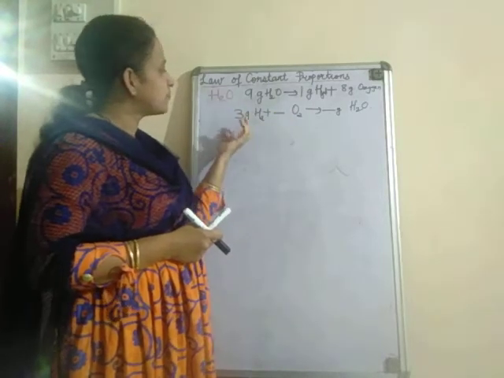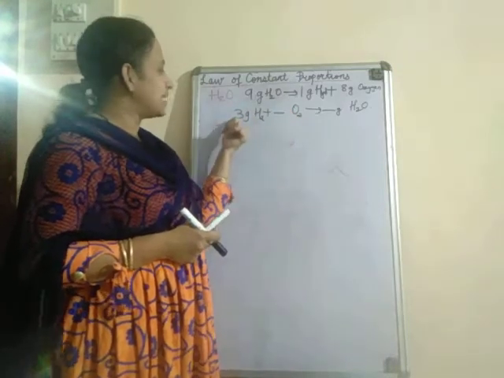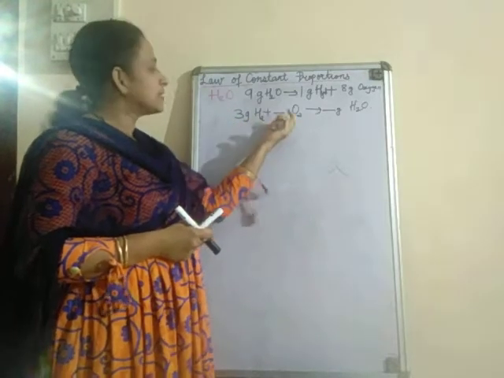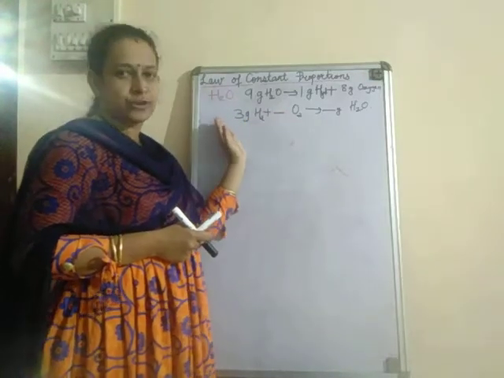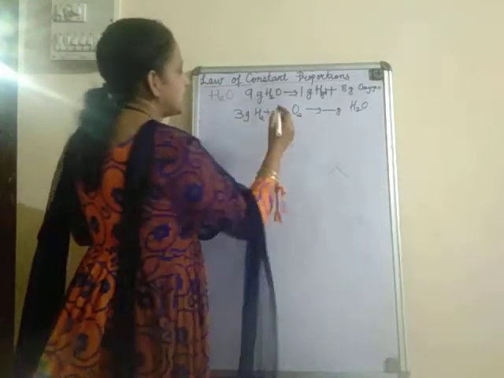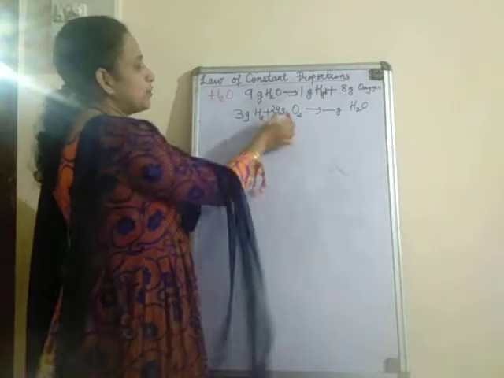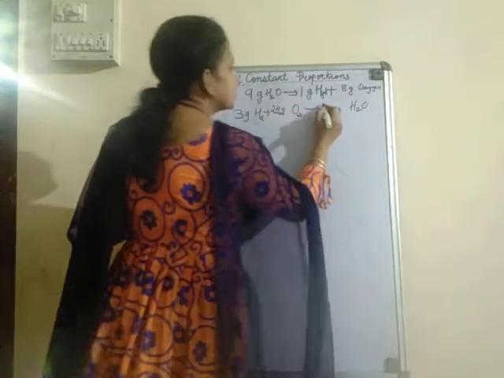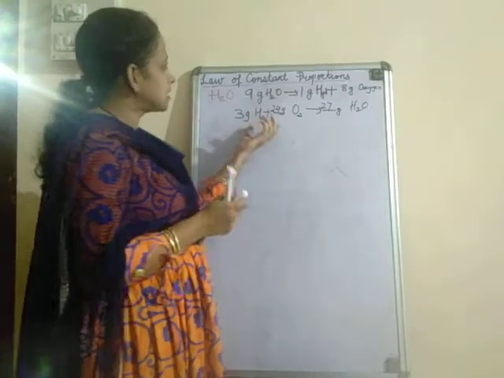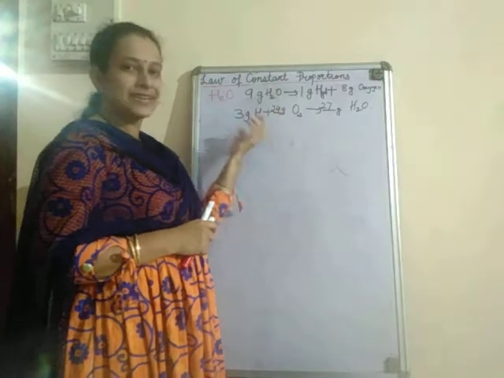Remember students, it should always be 8 times that of hydrogen. So 8 into 3 becomes 24 grams of oxygen, which will give you 24 plus 3, that is 27 grams of water. This satisfies the proportion ratio, that is 1:8.